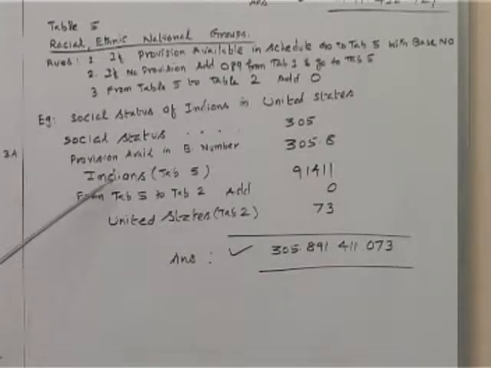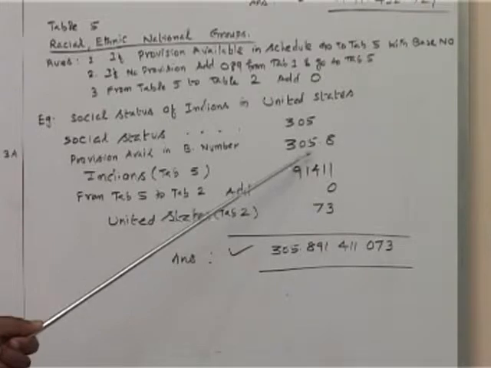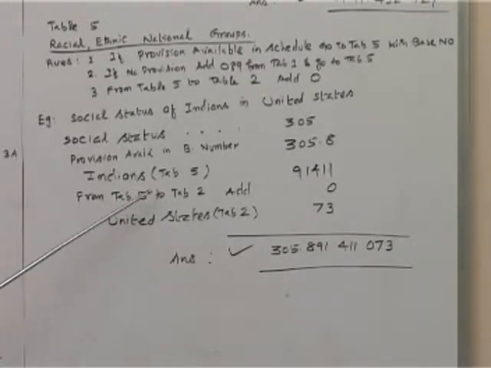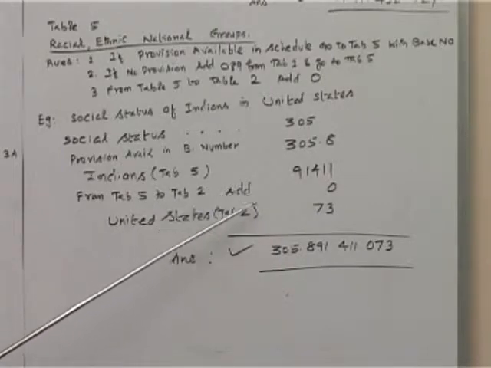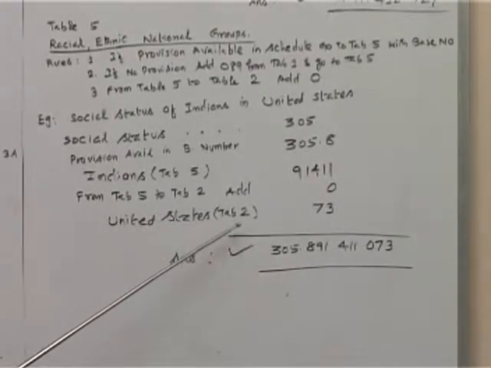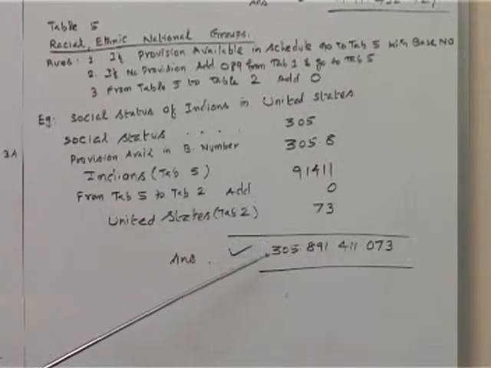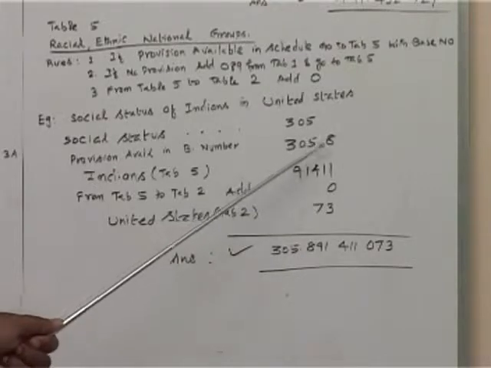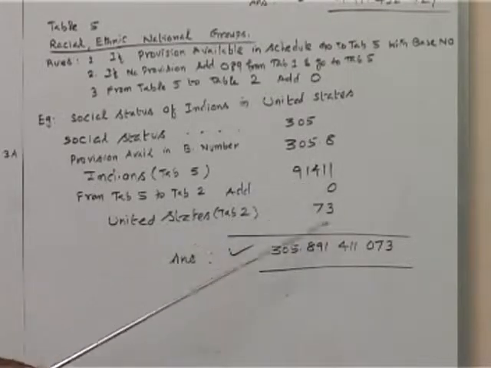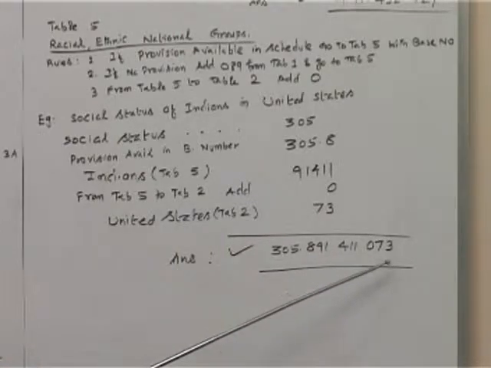Then entering table 5, you can get the number for Indians, 91411, added along with this base number. Then you are in table 5, and now you have to go to table 2, that is why from table 5 to table 2 you add 0. Then the United States number you can get from table 2, which is 73. Now the final answer is base number 305.8, then 91411, then 0 is to be added, then this 73 is to be added along with that.